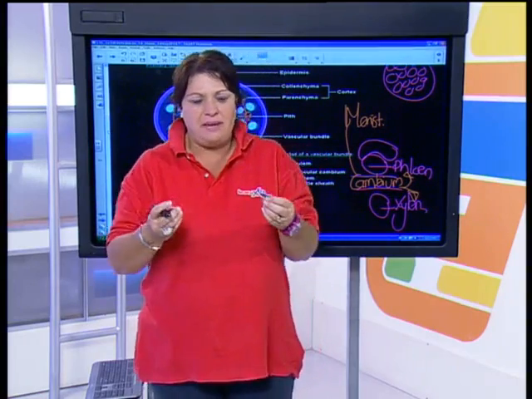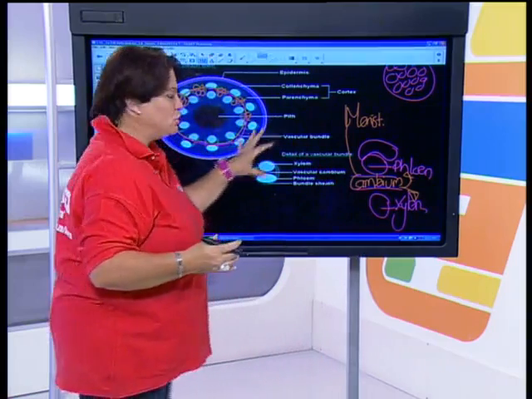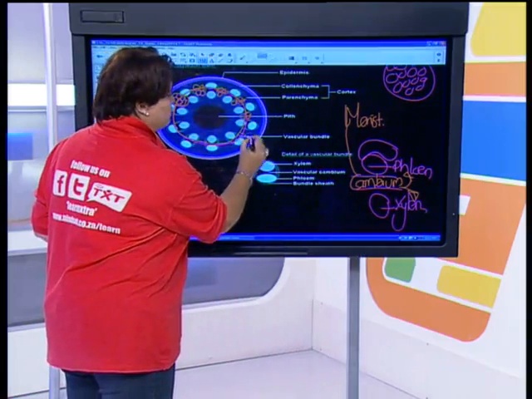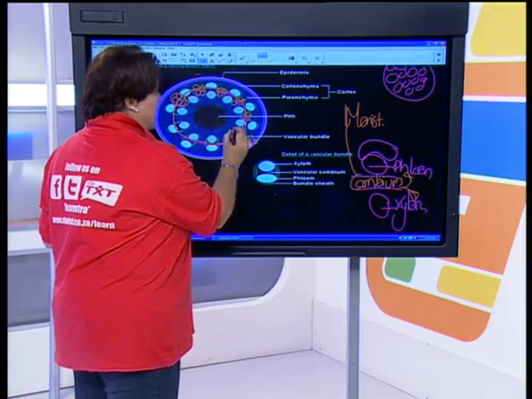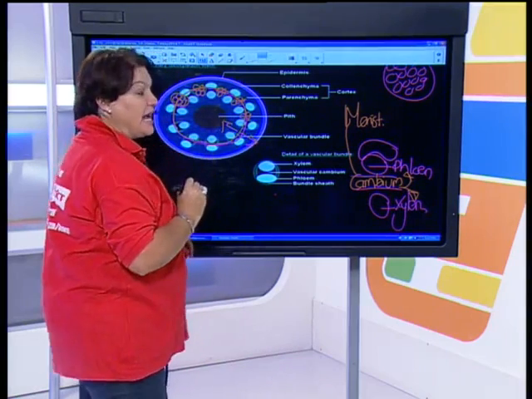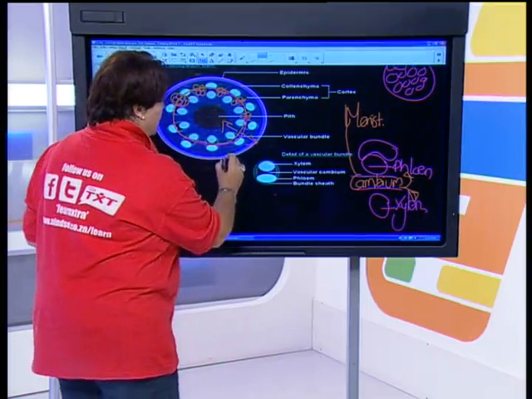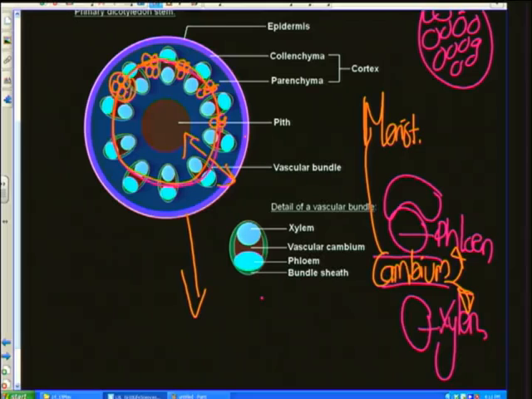So the meristematic tissue is going to divide to make more xylem, and it's going to make more phloem. How does it do that? Now remember, if we're talking about a circle and we put more phloem going outwards and we put more xylem going inwards, what will happen to my plant?